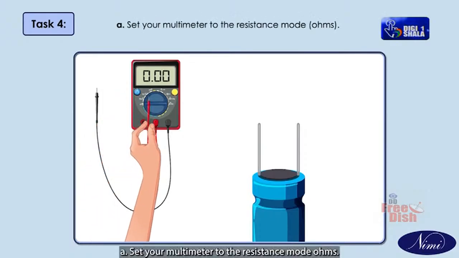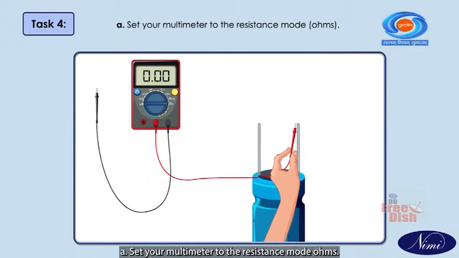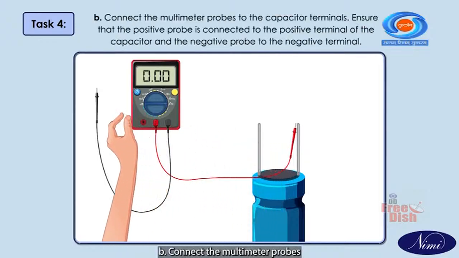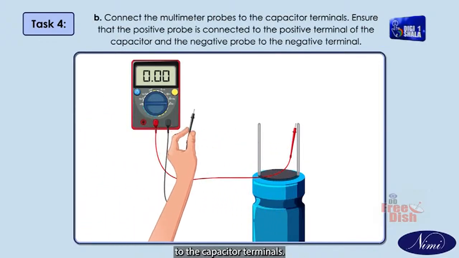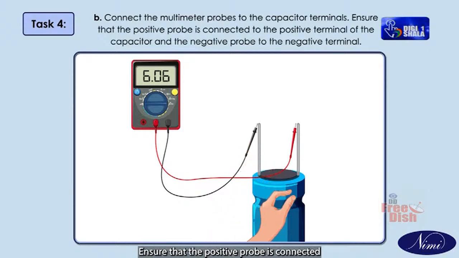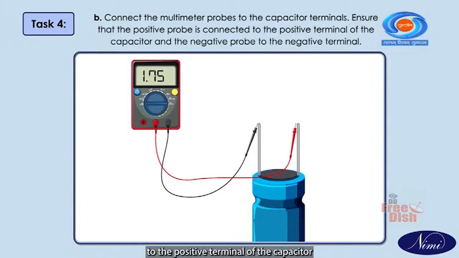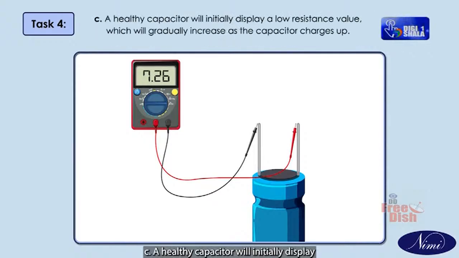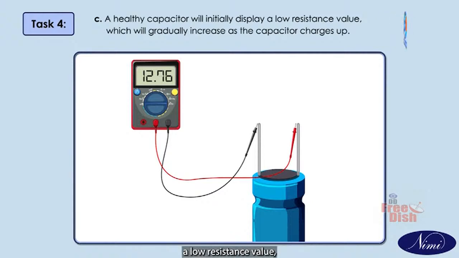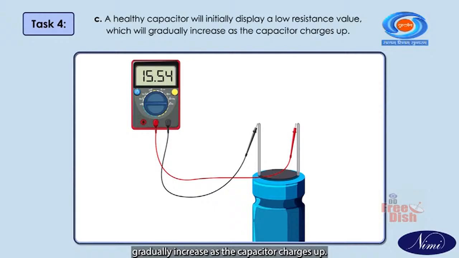Set your multimeter to the resistance mode, ohms. Connect the multimeter probes to the capacitor terminals. Ensure that the positive probe is connected to the positive terminal of the capacitor and the negative probe to the negative terminal. A healthy capacitor will initially display a low resistance value, which will gradually increase as the capacitor charges up.